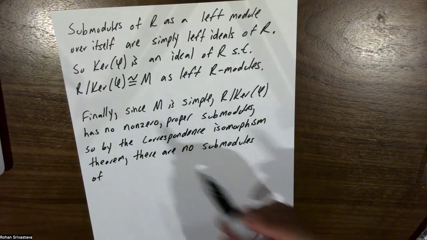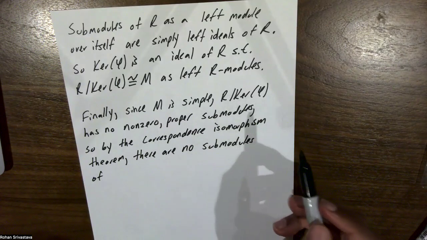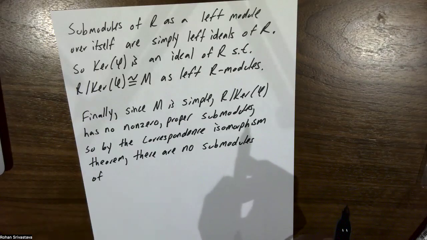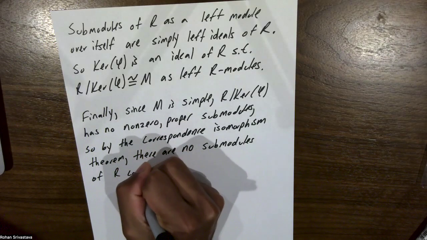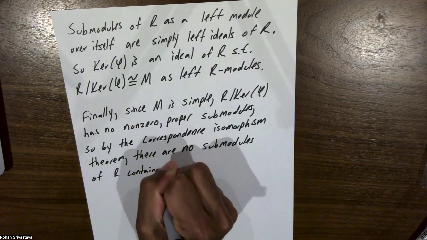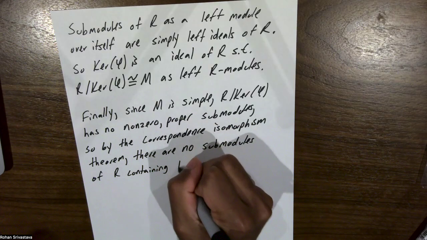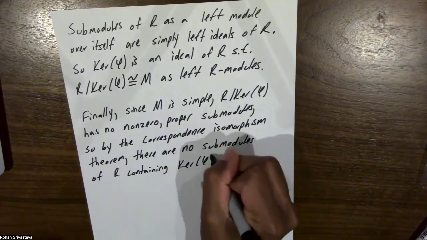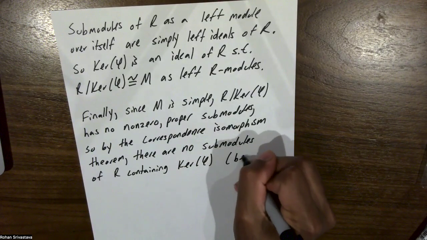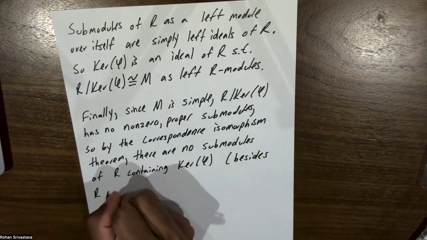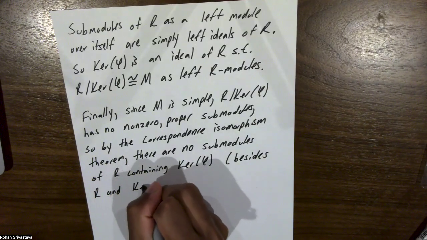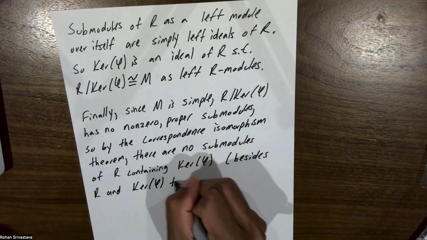But if there are no non-zero proper submodules of R mod the kernel of phi, then there are no submodules of R containing the kernel of phi, besides, of course, R and the kernel of phi themselves.